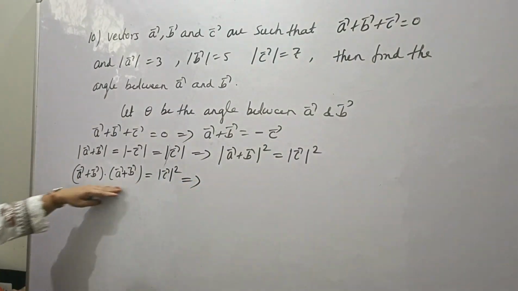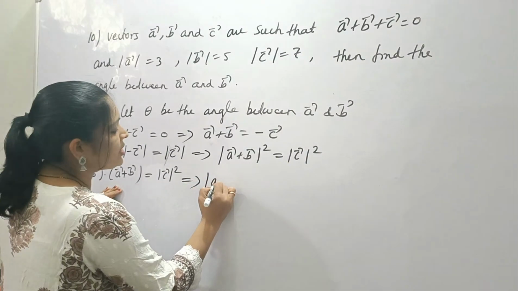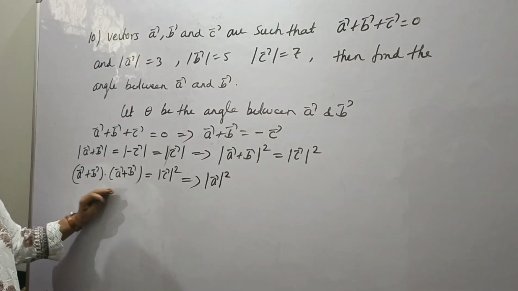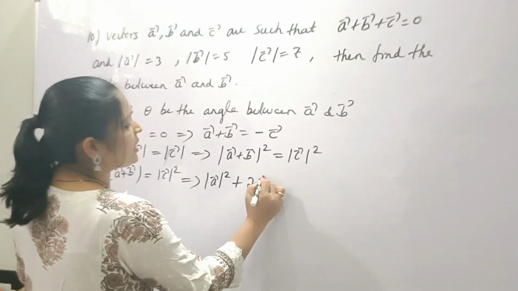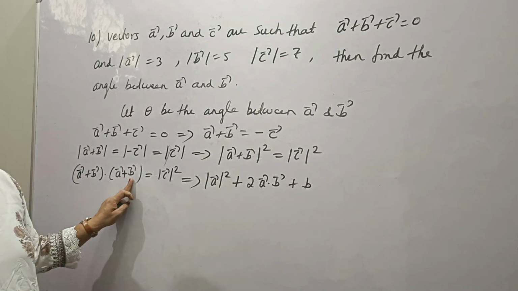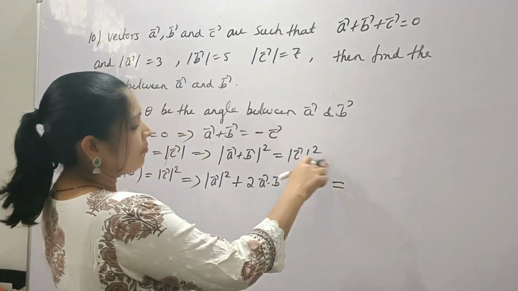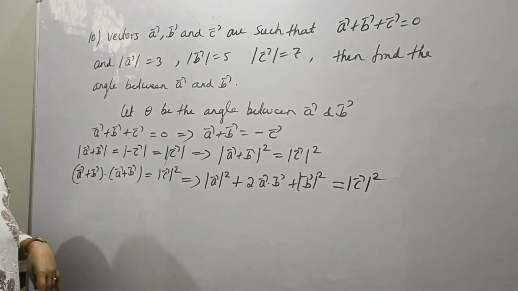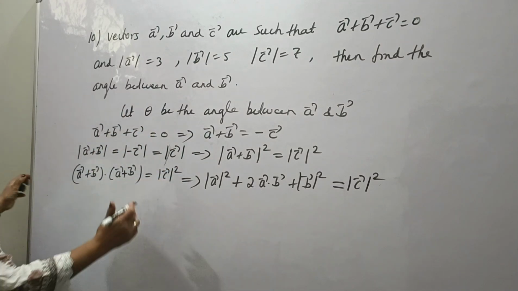That implies, expand this, vector A dot vector A is modulus of vector A square, plus 2 into vector A dot vector B, plus vector B dot vector B is modulus vector B square, that is equal to modulus vector C square. And these values are given. Modulus of vector A, modulus of vector B and modulus of vector C are given.